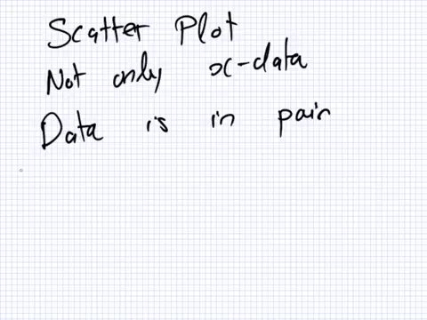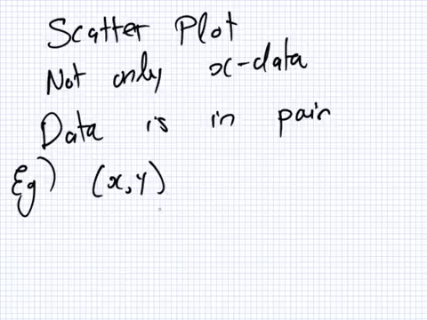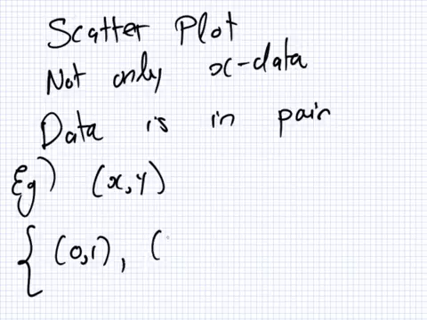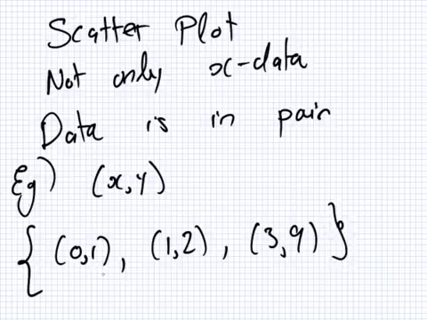So for example, you might have an x with a y. So your data could be something like this: 0, 1, comma, 1, 2, comma, 3, 9, comma. Your data, they're pairs.